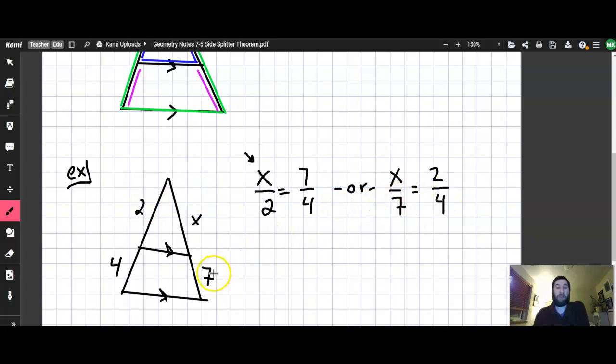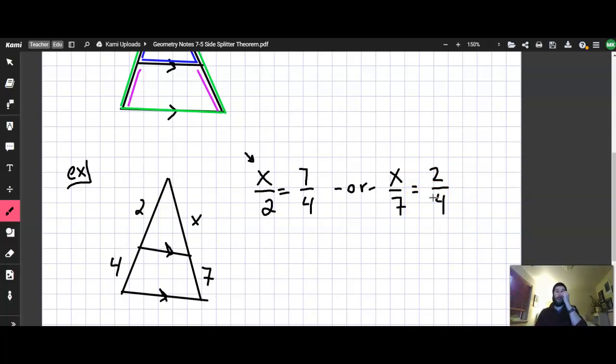So 7 and 4 are part of the same chunk in the triangle. The 2 and the 4 are on bottom, since they're on that side, and the 7 and x are on the top, since they're both on the same side on the other side. So whether you set it up like this because this is more intuitively understanding, or you set it up like this because this is more intuitively understanding, either way is going to work. Either way is going to solve.